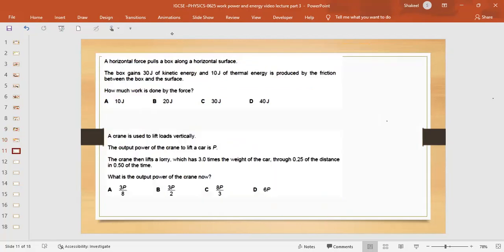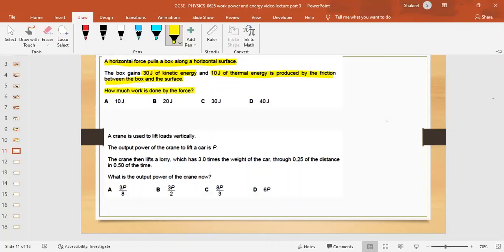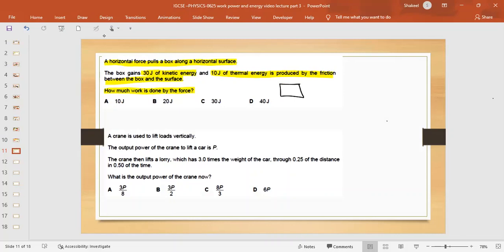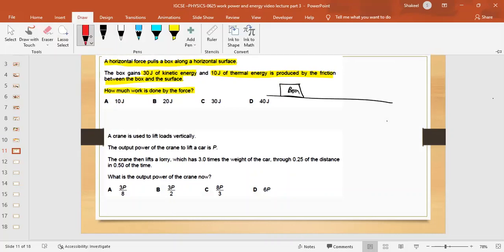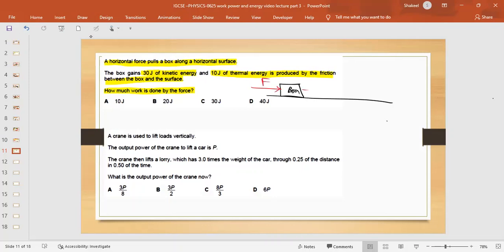The next question is related to work done as well. A horizontal force pulls a box along a horizontal surface. The box gains 30 joule of kinetic energy and 10 joule of thermal energy is produced by friction between the box and the surface. How much work is done by the force? If this is the box and a force is being applied on it, as the box is moving, two things are happening.